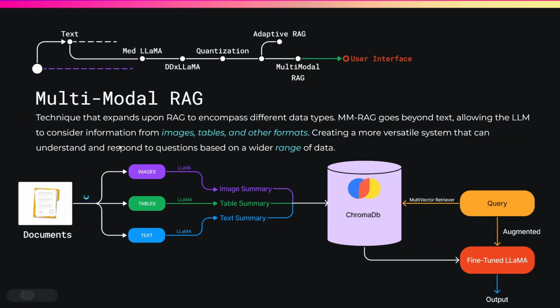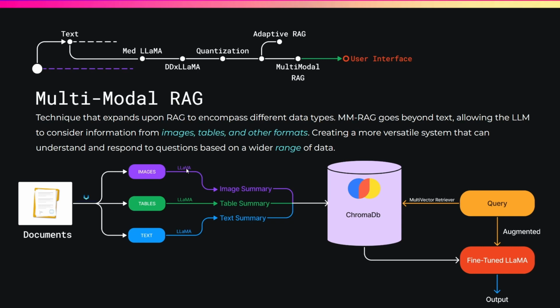So this was our pipeline. When we upload the documents, we use the unstructured library to create different image chunks, table chunks, and text chunks from the document. Then we use LLaVA.